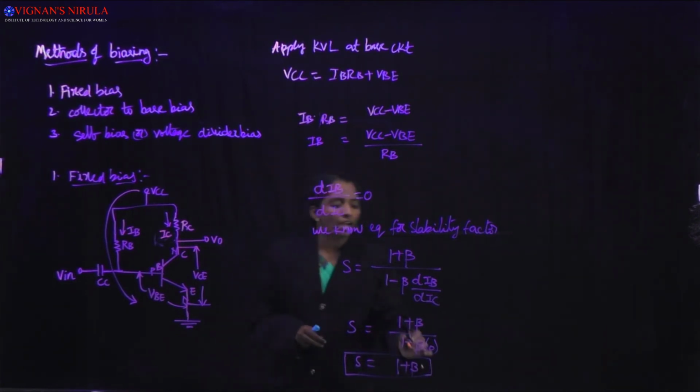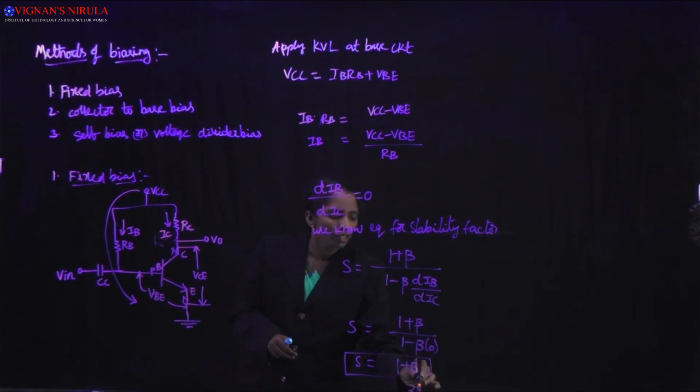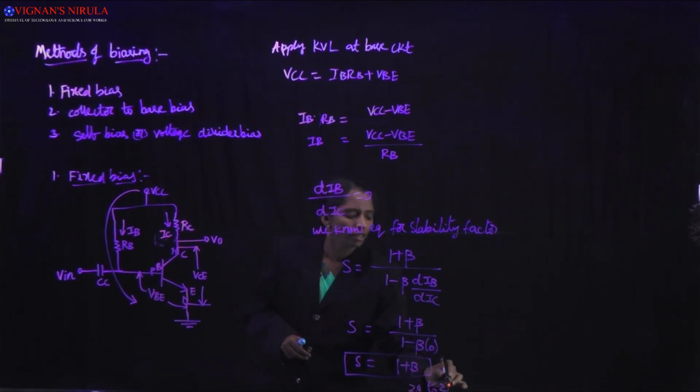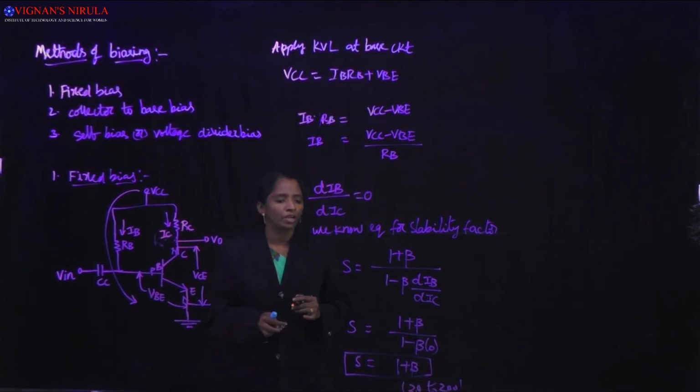We know beta is a large quantity. It is the current amplification factor in common emitter configuration, and the range of beta is 20 to 200. So beta is a large quantity, and the stability factor will also be large.